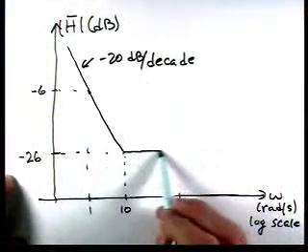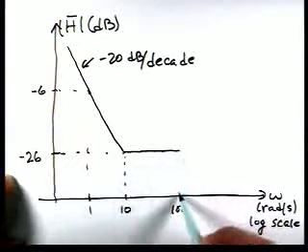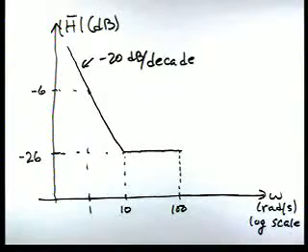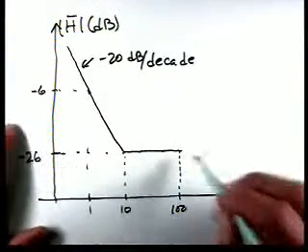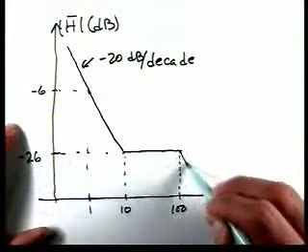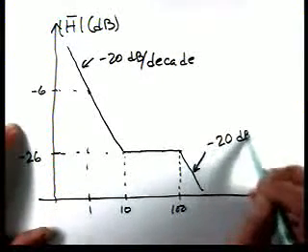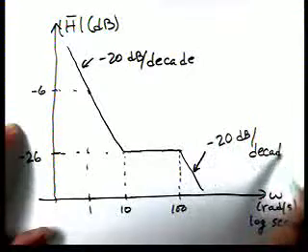The characteristic is flat until we get to 100. At that point, that pole begins to break off at minus 20 dB per decade. So the characteristic goes like this, and the slope here is minus 20 dB per decade.